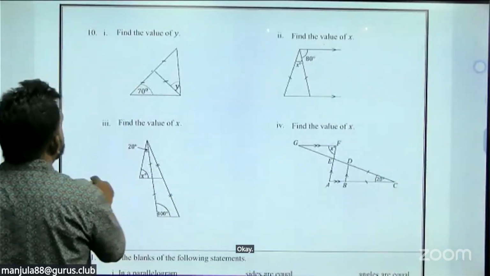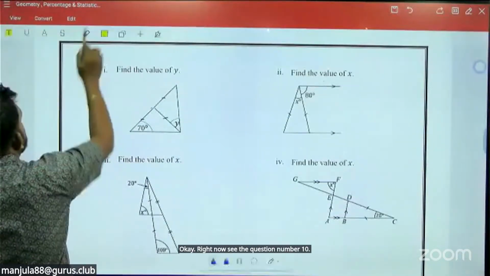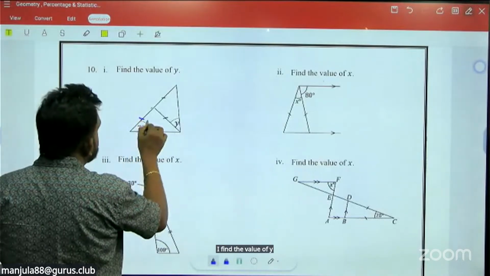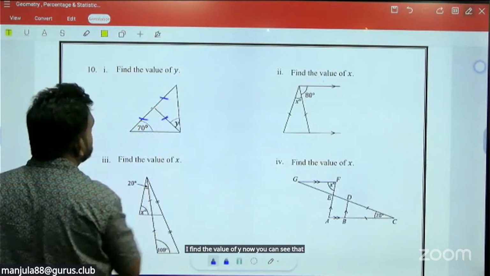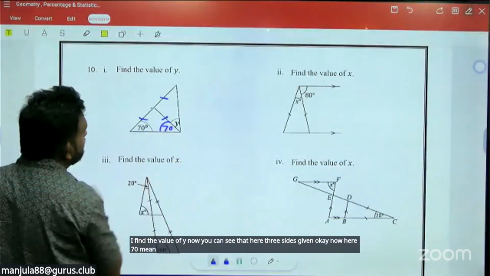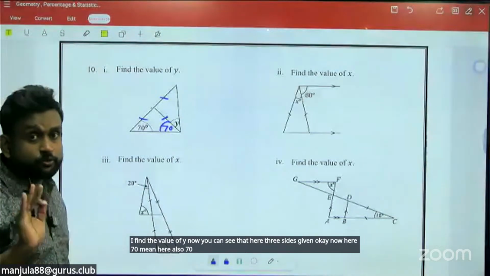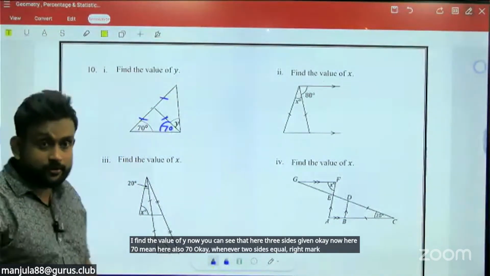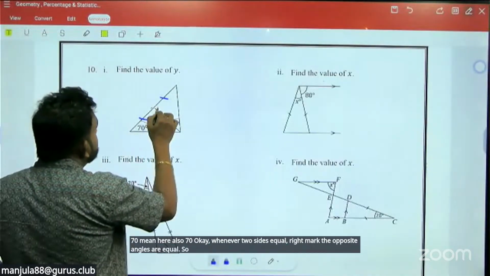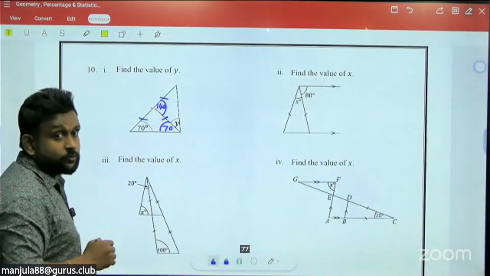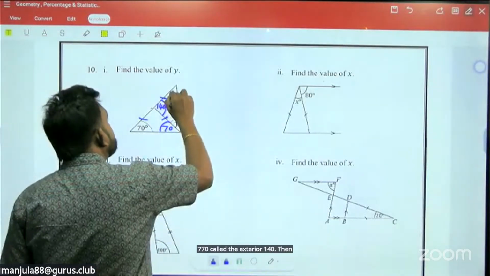Right. Now see question number 10. Find the value of y. Now you can see that here three sides are given. Now here 70, so here also 70. Whenever two sides are equal, mark their opposite angles as equal. So 70 here becomes an exterior angle of 140. Then here y, so here also y.